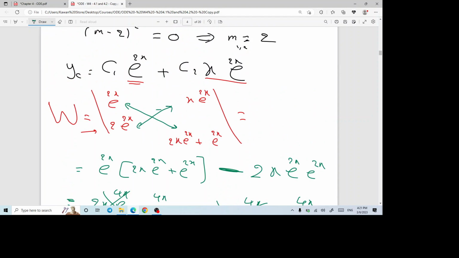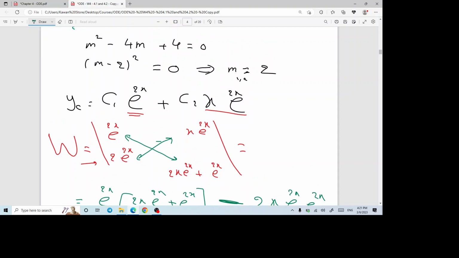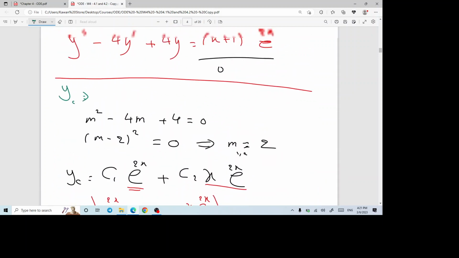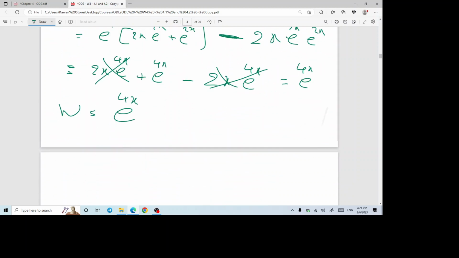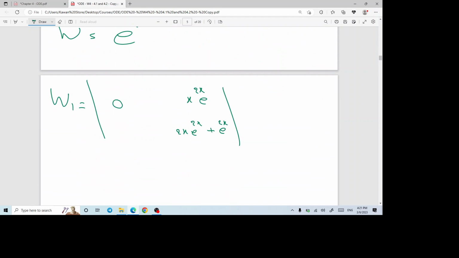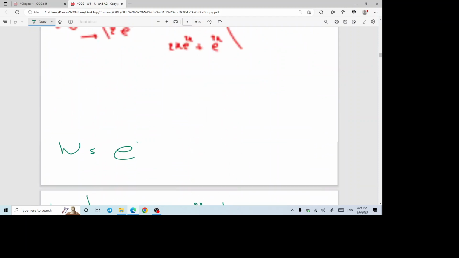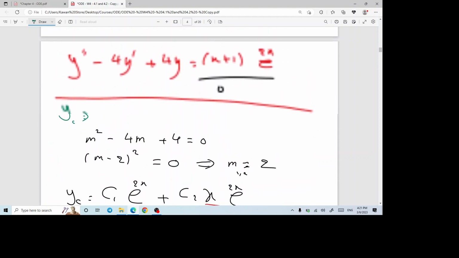Where's f of x? Here, right? Good. So how do we find that one? We put 0 here and here x plus 1 e to the power 2x.